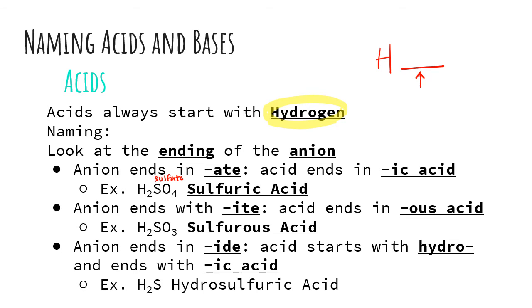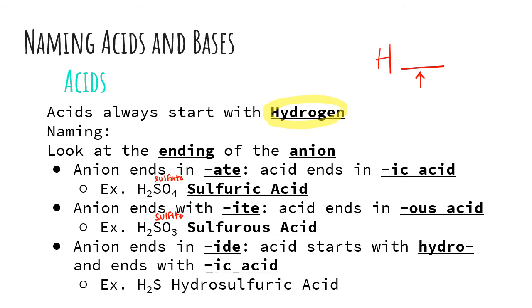The anion ends in ite. So for this example, we have sulfite, could be nitrite. Then we change that ite to ous acid. So hydrogen with sulfite just becomes sulfurous acid.